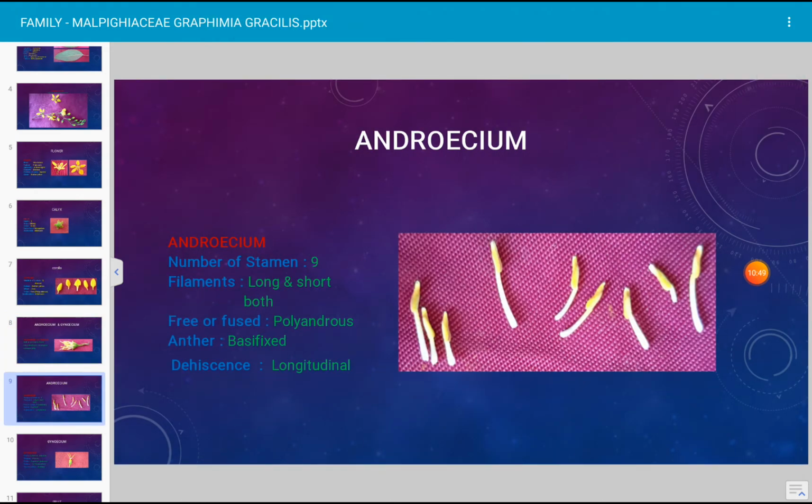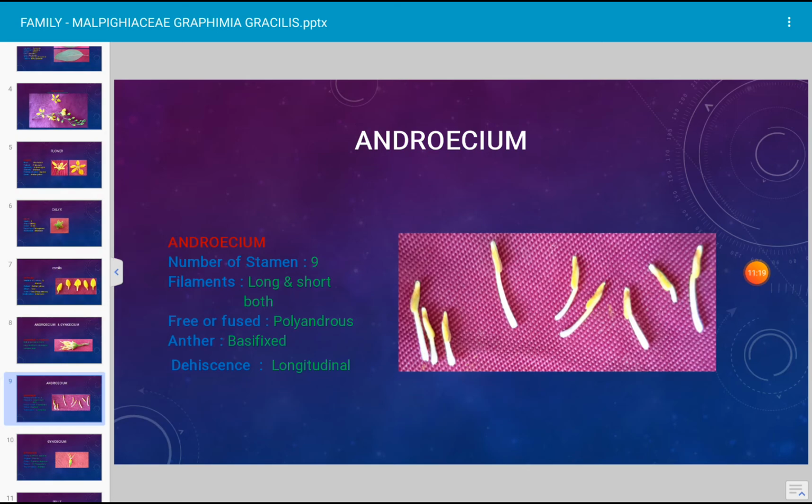This is the androecium, that is the male part of the flower. Androecium consists of 9 stamens. The filaments are not equal in size. The length of the filament is variable, and the stamens are free. Free stamens are described as polyandrous.